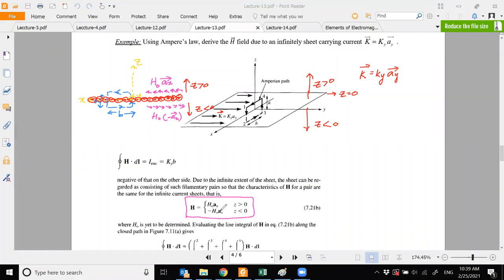And now, if we apply Ampere's law, closed line integral H bar dot dl bar is equal to the current enclosed. So what is the current enclosed in this loop? The current enclosed in this loop will be just this much of the current, right guys? See, only this much of the current. And what will be this current value?